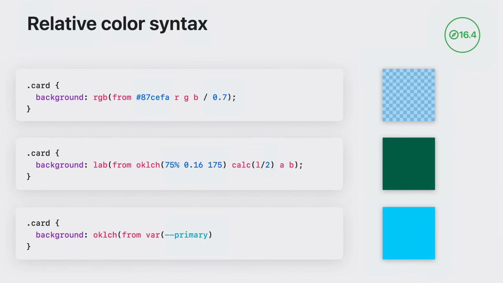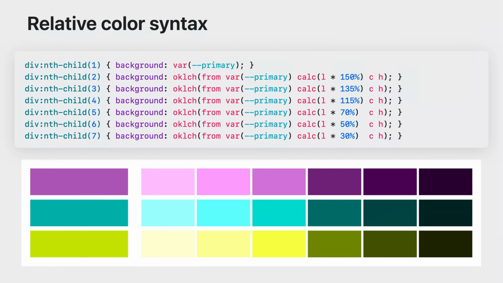And in the third example, in OKLCH, I'll leave the L and H channels alone while cutting the C, the chroma, by 1/3, which drains the intensity out of the color. Relative color syntax makes it quick work to define an entire palette of colors, handy when creating a design system.